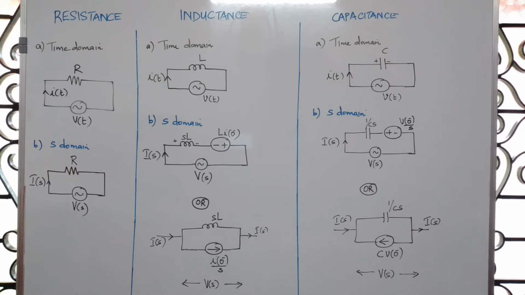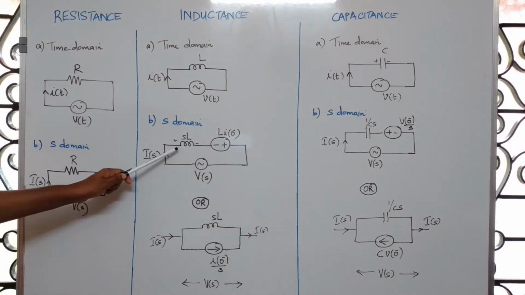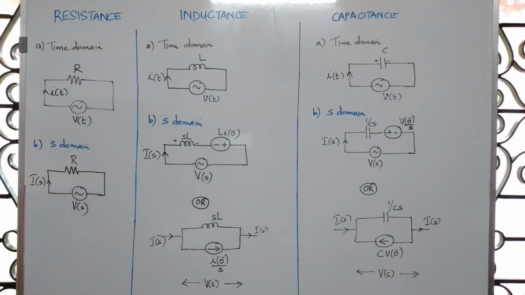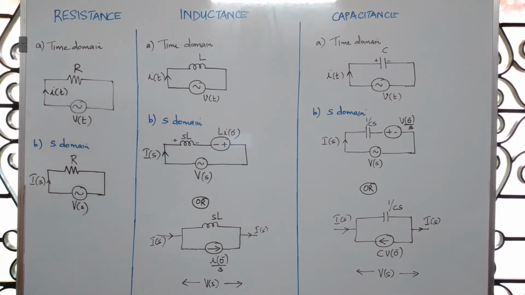That is, L into i(0-) will be the value of the voltage source. So V(s) resulting in a current I(s) which flows through inductor sL in series with a voltage source L into i(0-). And if initial current is not present, then L into i(0-) will be 0. Then it will be sL alone.